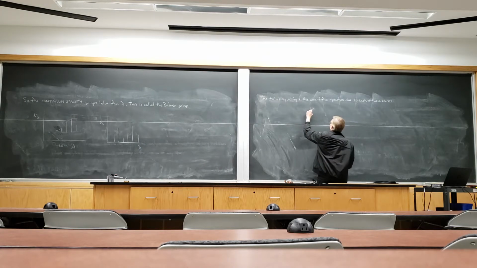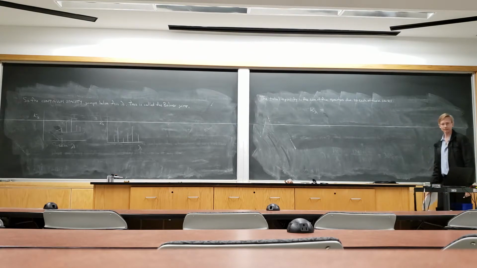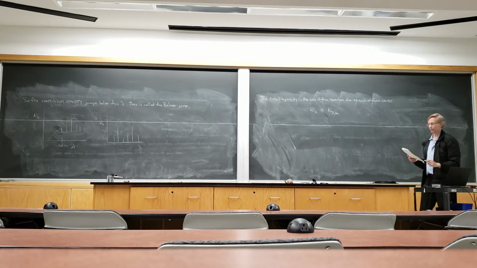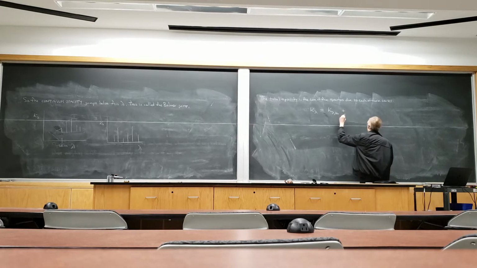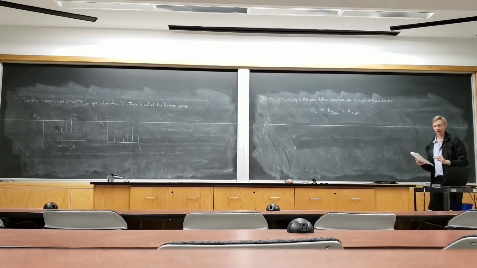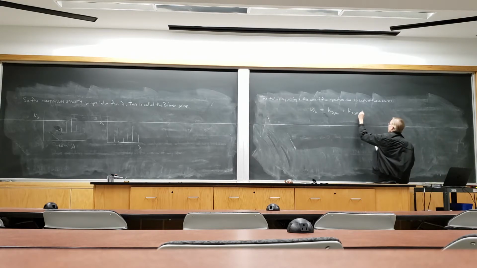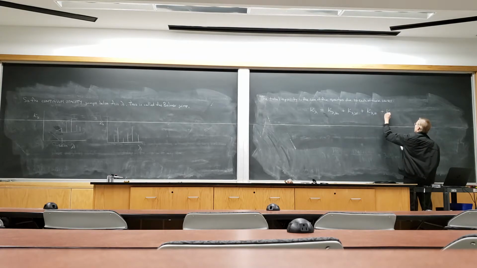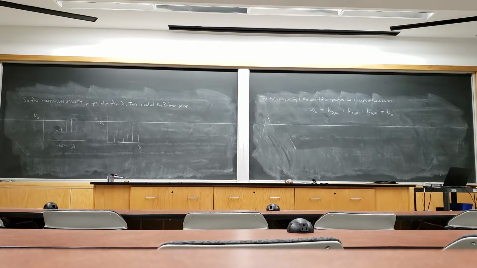So kappa lambda, the absorption coefficient at a given wavelength, will be the sum of the absorption coefficient for bound-bound transitions at that wavelength, plus the absorption coefficient for bound-free transitions at that wavelength, plus the absorption coefficient for free-free transitions at that wavelength, plus kappa for electron scattering, which again is not wavelength dependent.